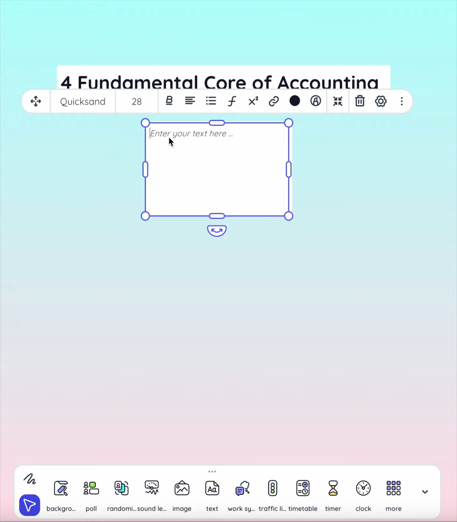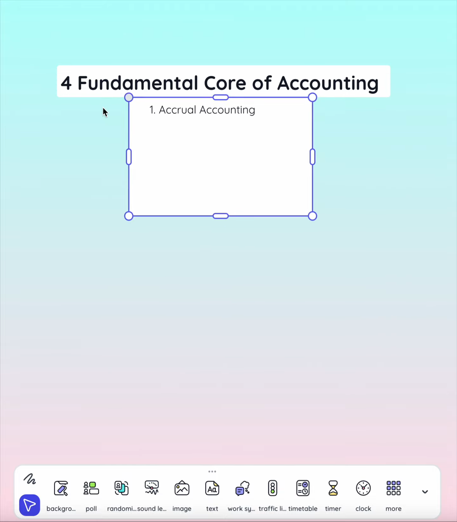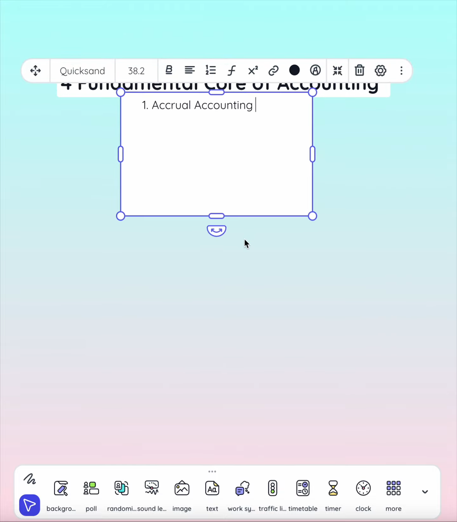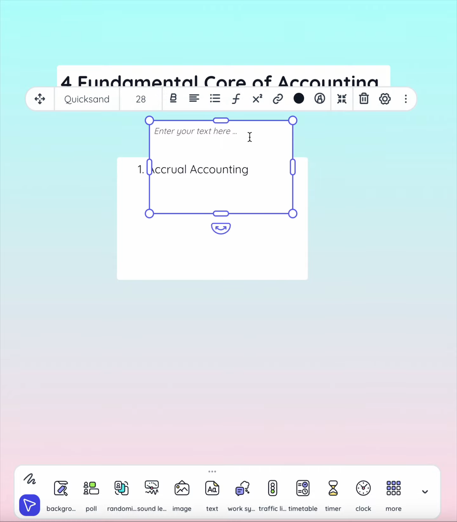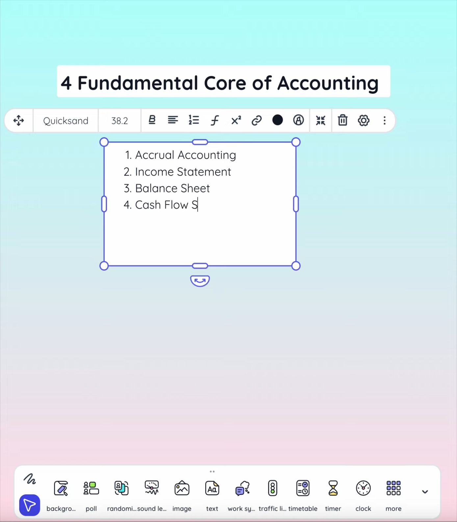So the four fundamental cores of accounting: accrual accounting, then we have the income statement, and then you have a balance sheet, and finally you also have a cash flow statement.